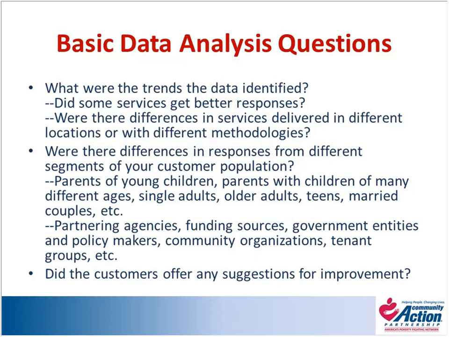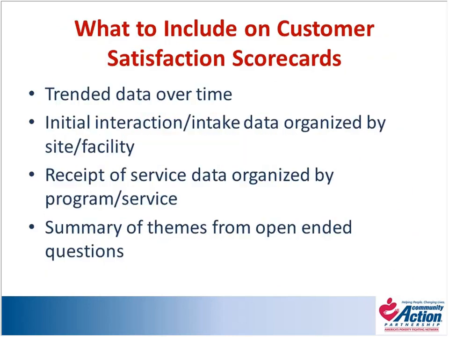And then, of course, looking at the feedback from the customers and staff themselves about opportunities for improvement. Making sure that you're collecting that data is one of the best sources of identifying ways to improve your customer satisfaction and seeing what the staff or your customers are saying in terms of concrete ways to improve service.